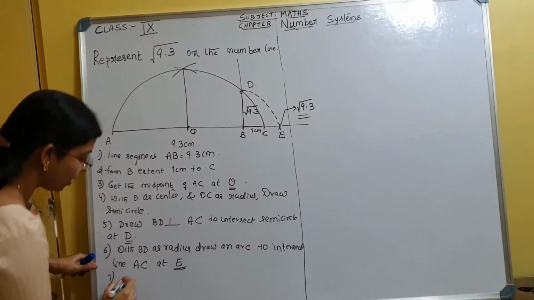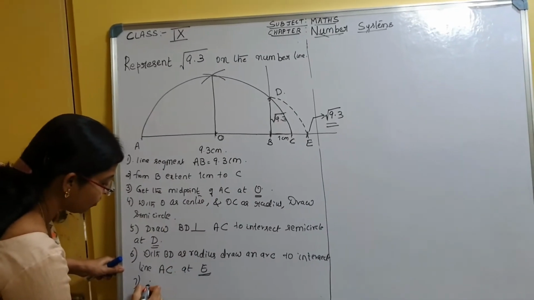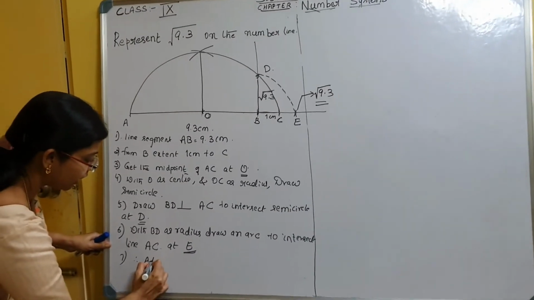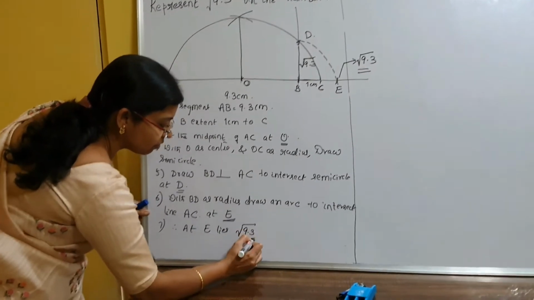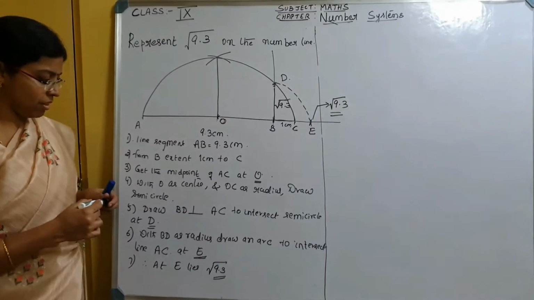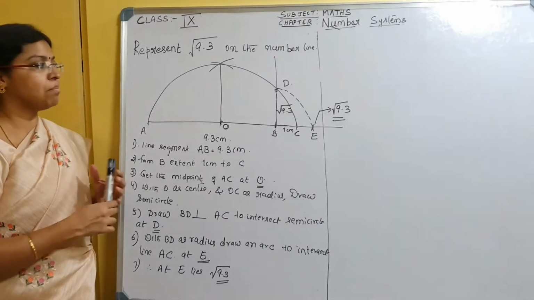Point E shows you the number root 9.3 on the number line. Therefore, at E lies root 9.3. So follow the steps and complete the notes.